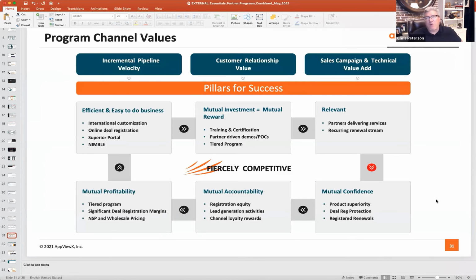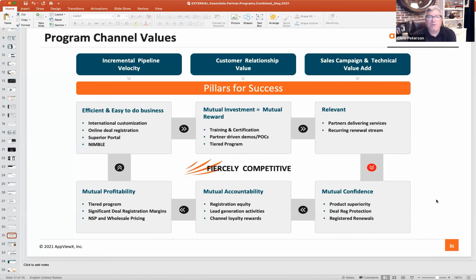So I want to spend a few minutes on this slide because it's really important to understand what our values are. And those three teal boxes at the top talk about the things that we value from channel partners the greatest. Incremental pipelines. So we're always looking for partners that are registering opportunities and getting us in the door.